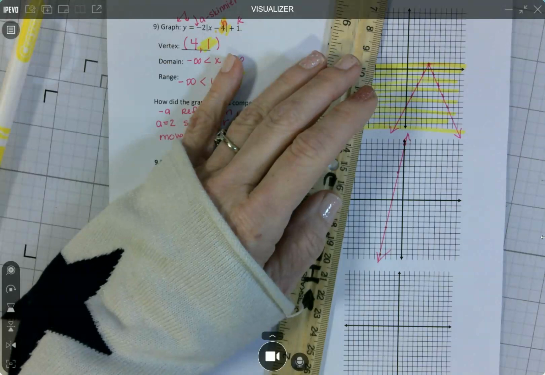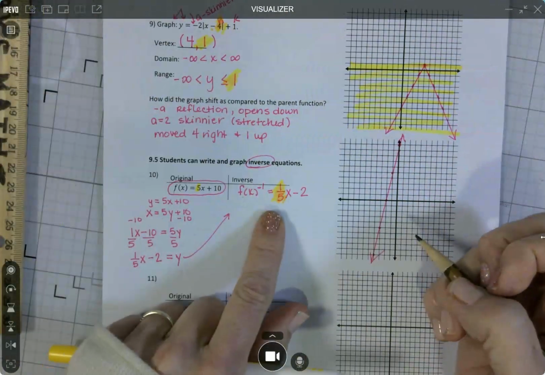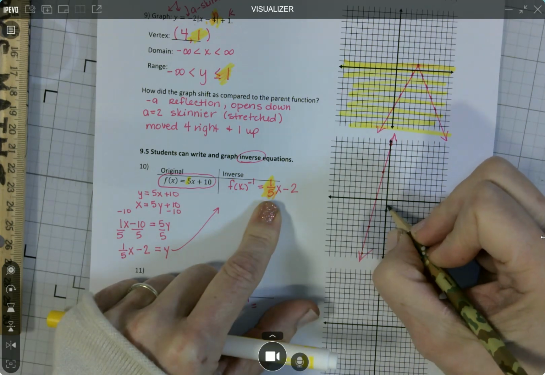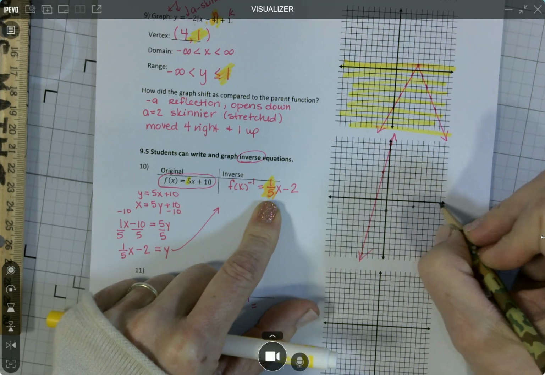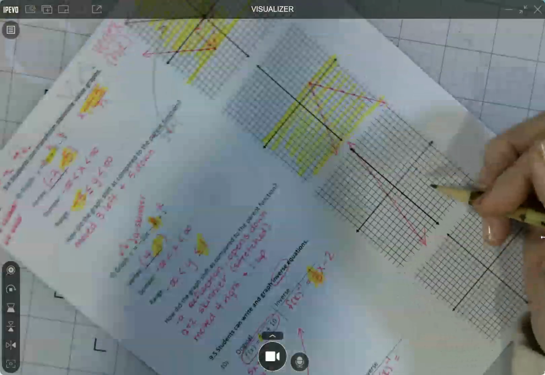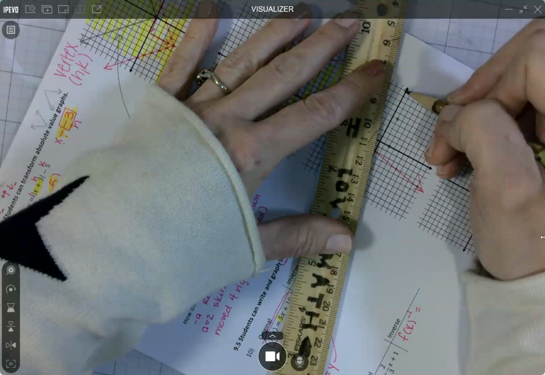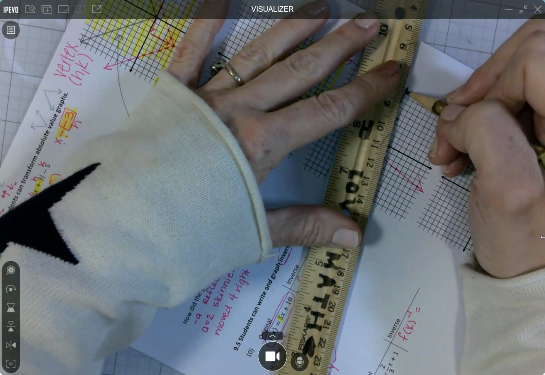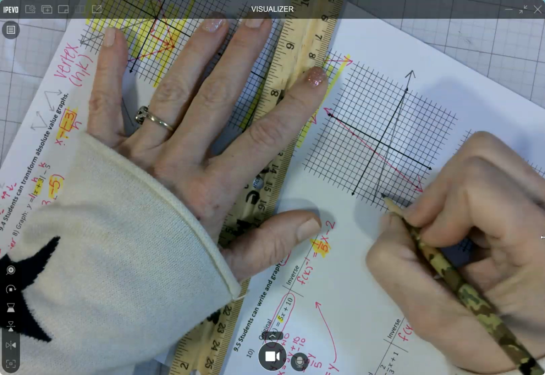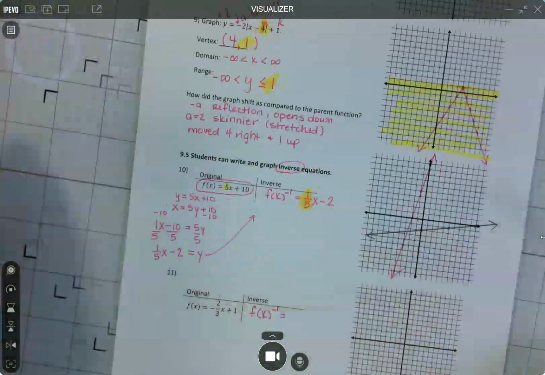And then we're going to graph this one. It's at -2, which is right here. And then we're going to go up 1 and over 5, up 1 and over 5. And we can go backwards. Okay. And then I'm going to graph that. So there's that one. Okay.